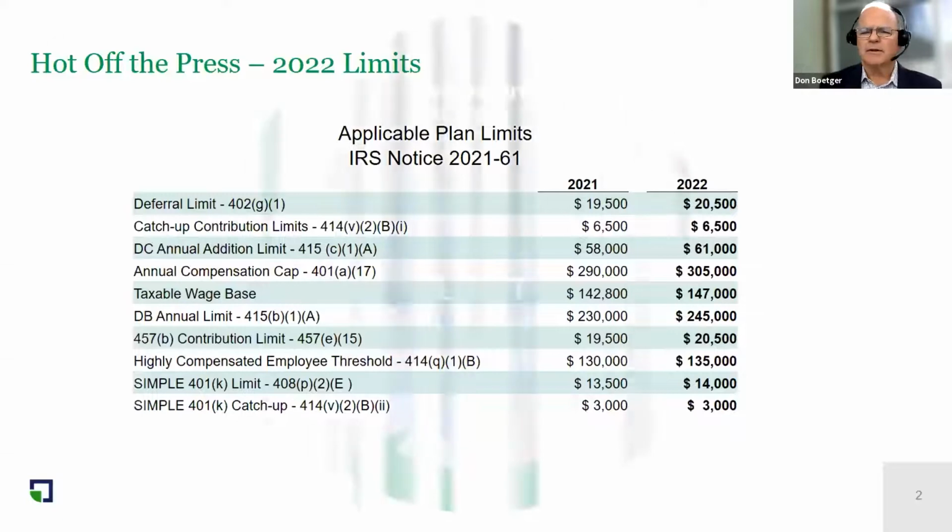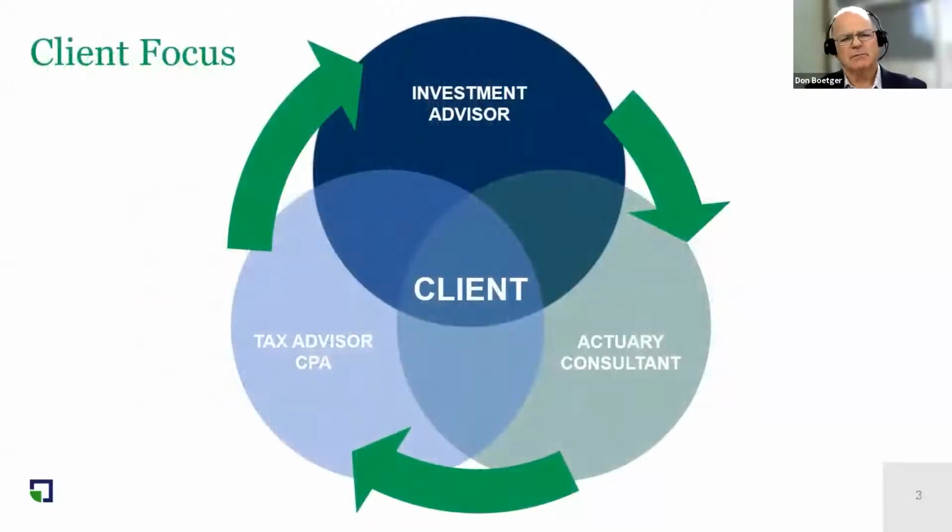Next thing I wanted to talk about on the next slide is really the relationship, the client focus. So we heard about rules and all of those we take care of for you. So it's nice to hear about them and understand generally what's happening. But what's really important for our clients is the coordination of effort, I think, between the actuary / consultant, your tax advisor, and your investment advisor.